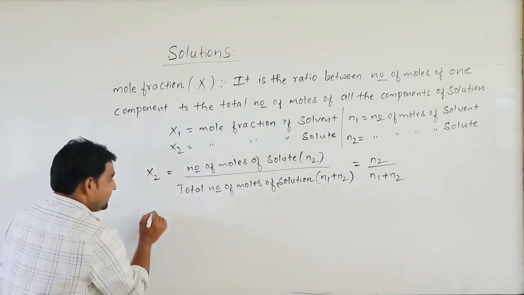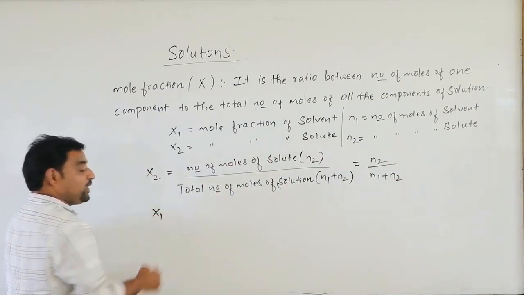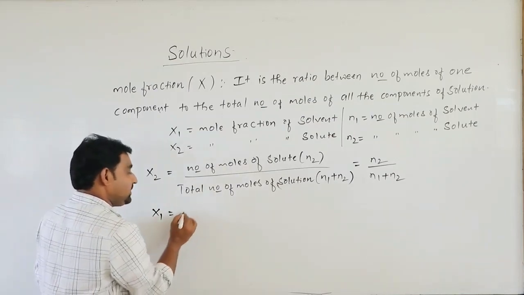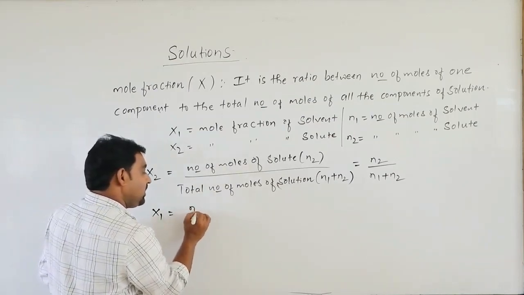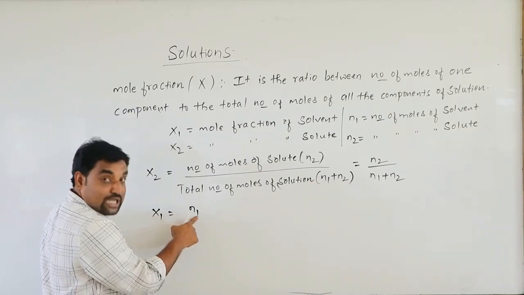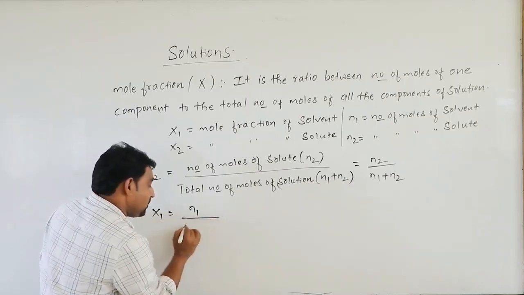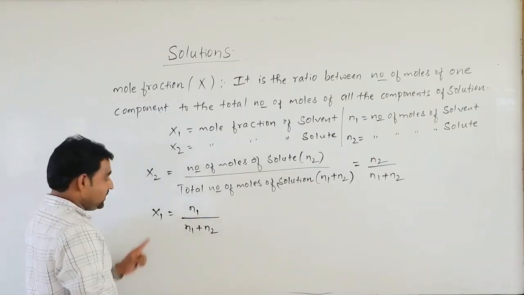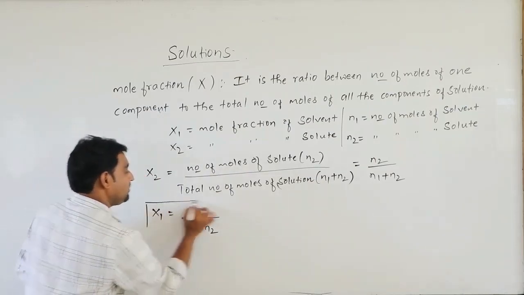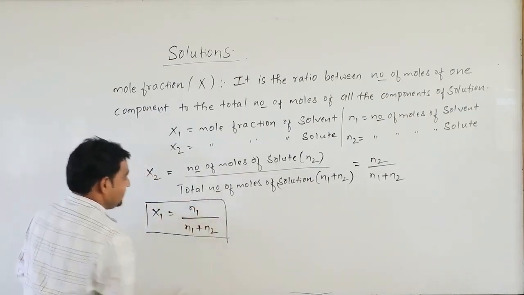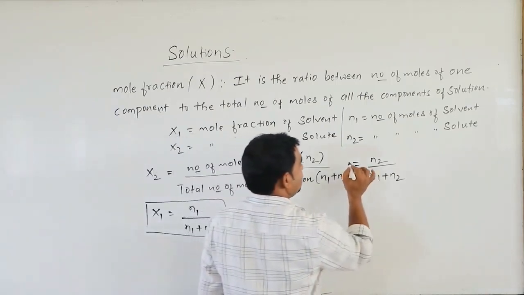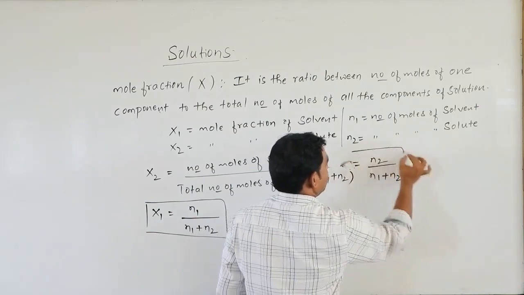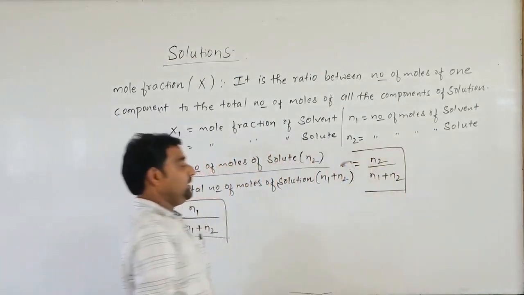Now the mole fraction of the solvent is defined as the ratio between the number of moles of solvent to the total number of moles of solvent and solute. So X1 is equal to N1 divided by N1 plus N2, and X2 is equal to N2 divided by N1 plus N2.